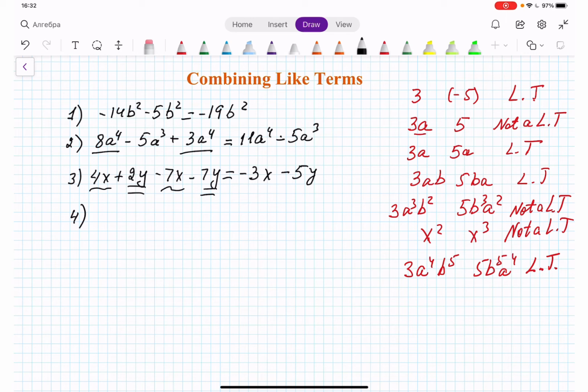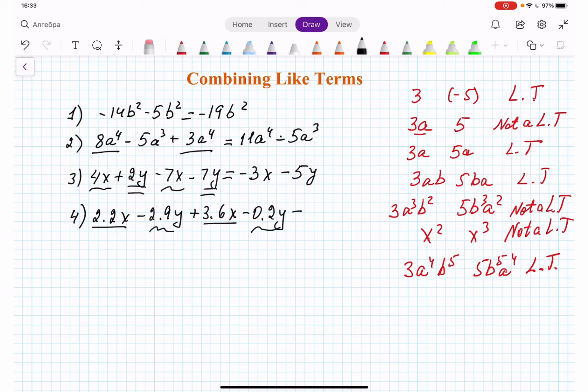What do we have here? 2.2x minus 2.9y plus 3.6x minus 0.2y. Okay, so what do we have here? 2.2x and 3.6x are like terms. Negative 2.9y and negative 0.2y are like terms.